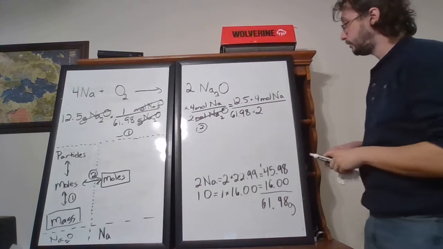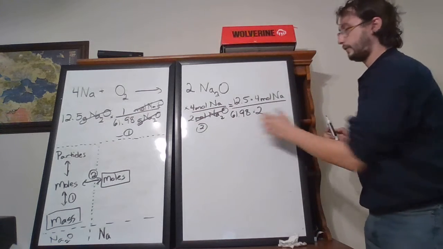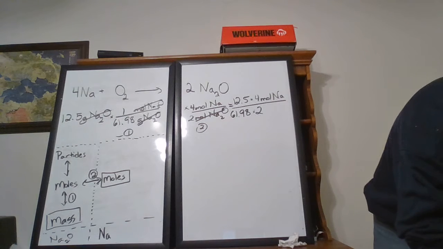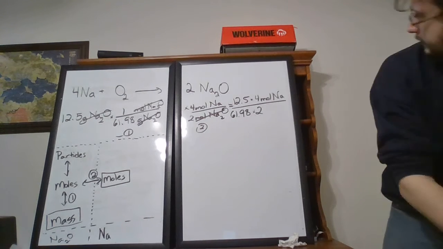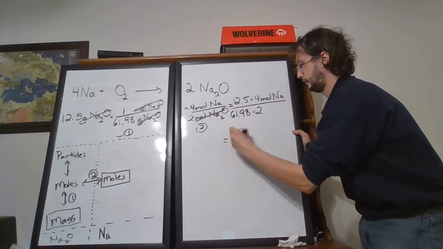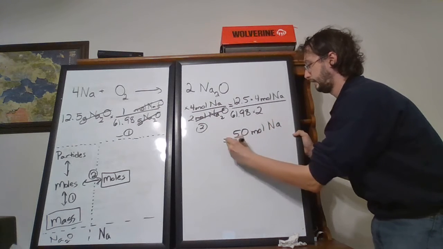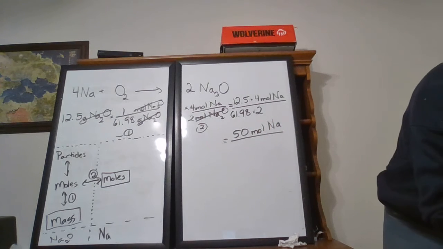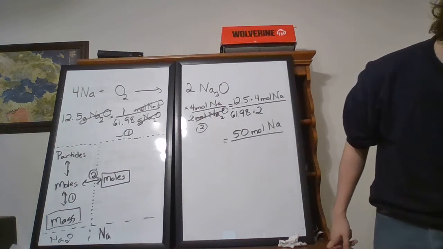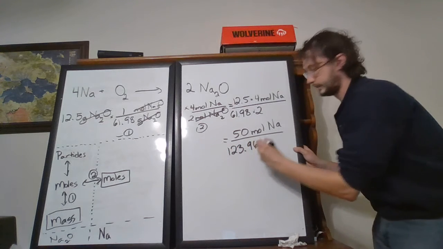Let's actually solve the numerator and the denominator real fast. So 12.5 times 4 is 50. 50 moles of sodium in the numerator. In the denominator, 61.98, you plug into your calculator, times 2 is 123.96.